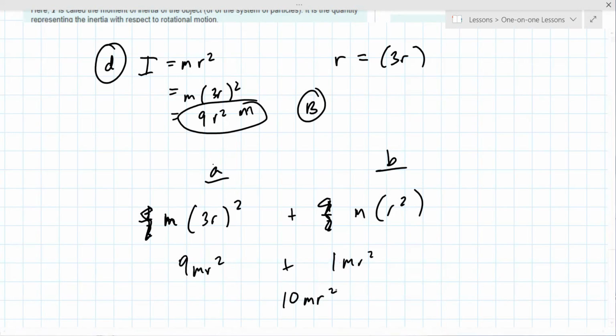Sounds good. 10mr squared. That wasn't correct. Your answer either contains an incorrect numerical multiplier or is missing one. 10mr squared, that's what I put in there.